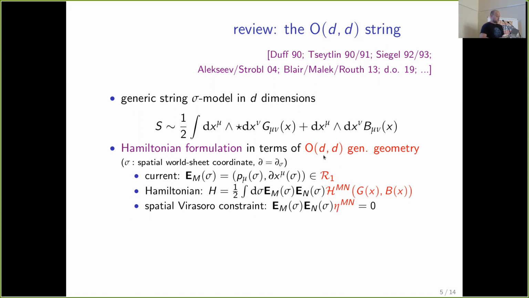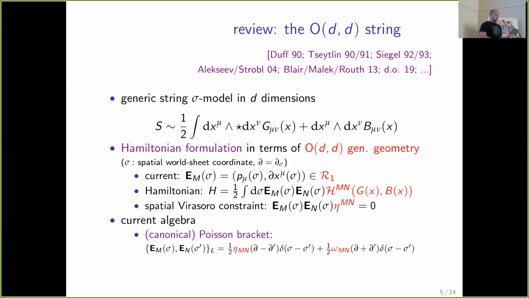So we have that, but what's missing is, of course, the Poisson bracket. So if we just write the canonical Poisson brackets for P and X, and now we rewrite it and use this big M index, what comes out is the following expression. So the Poisson bracket of E_M with E_N is given by the eta invariant tensor times the derivatives of the delta function, which we also saw in the last talk a lot, and then the omega term with the sum of the derivatives.